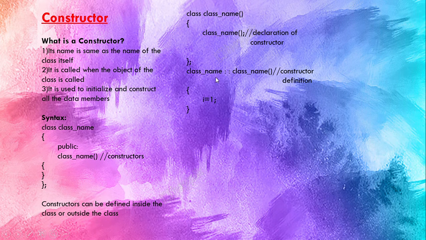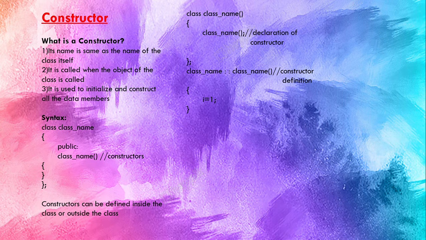These two things you have to do. You have to write the constructor name with the parentheses and the scope resolution operator, and then open the curly braces, and inside that give the value, that is i is equal to 1. So here I have given a definition to my constructor. This is how the constructor is defined inside the class as well as outside the class.